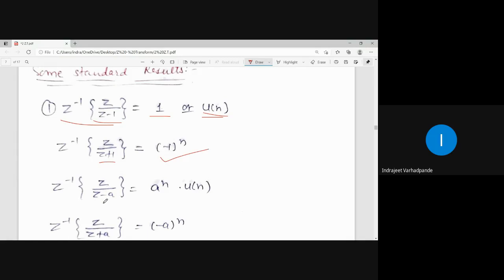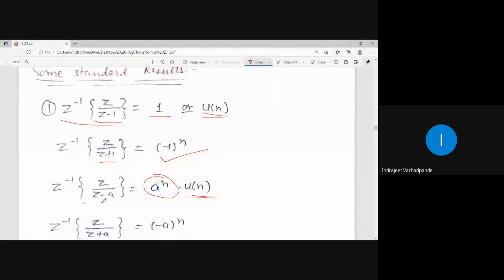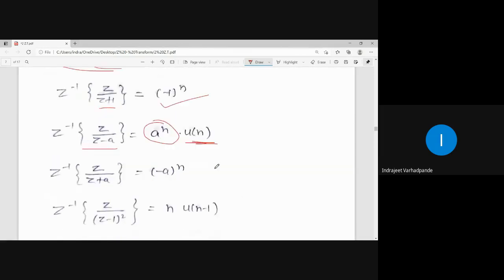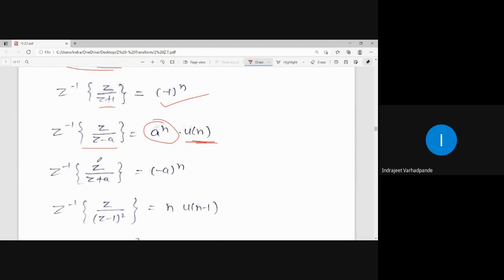Z inverse of Z upon Z minus a is a to the power n, and to be more precise it is multiplied by the unit step function. So accordingly, for Z inverse of Z upon Z minus a we should only write a to the power n, but it is a to the power n into u of n, that is the discrete unit step function. For 1 it makes no difference, there is no problem in writing it. Z inverse of Z upon Z plus a is minus a to the power n.